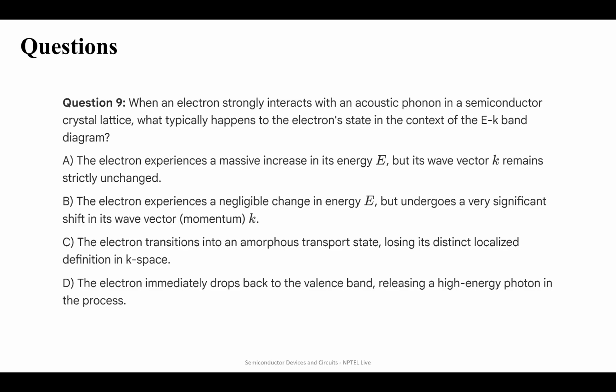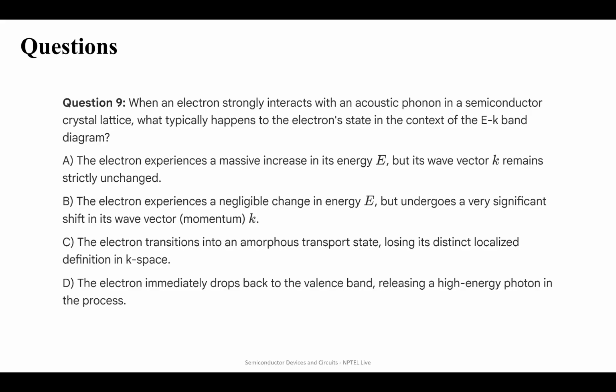Next question. When an electron strongly interacts with an acoustic phonon in a semiconductor crystal lattice, what typically happens to the electron state in the context of the energy E-k band diagram? Option A. The electron experiences a massive increase in its energy E, but its wave vector k remains strictly unchanged.